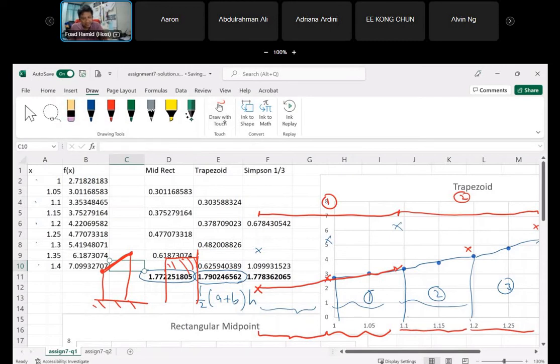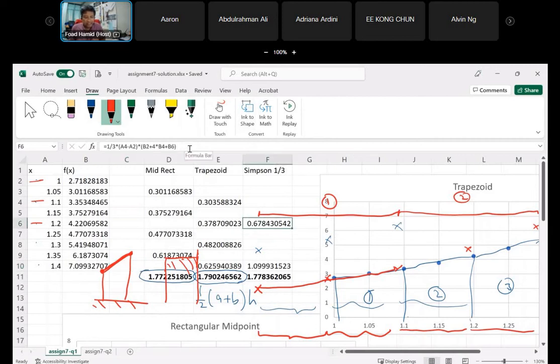It just won't work. Okay, so what I did here, I'm using this point, and this point. So the formula for Simpson 1/3 rule is in your lecture slide or in your textbook. So this is the value here.